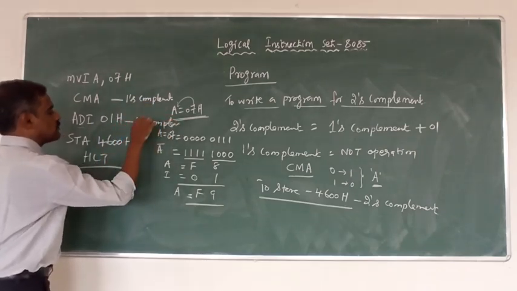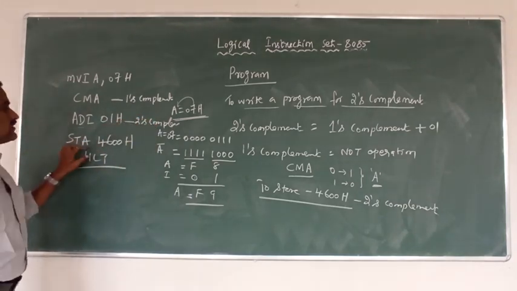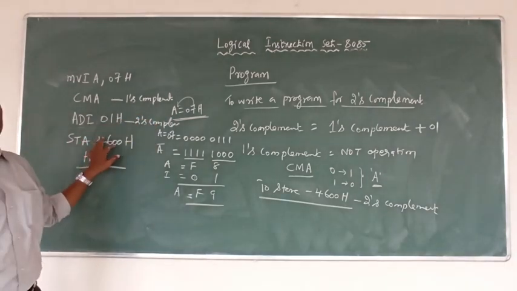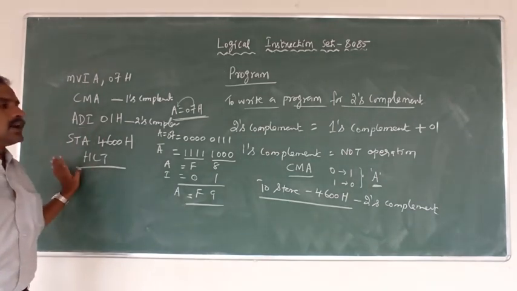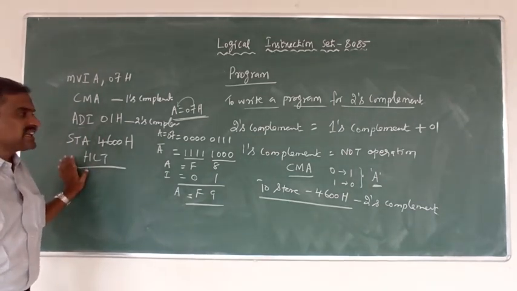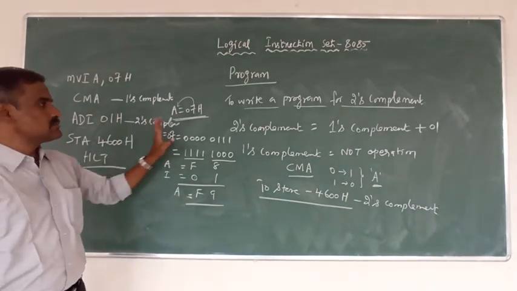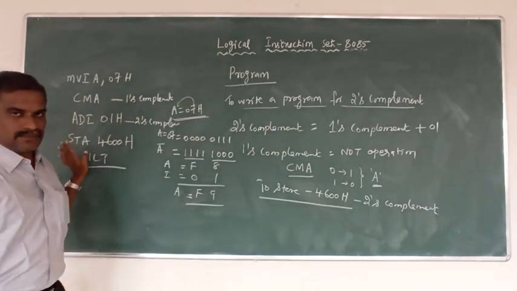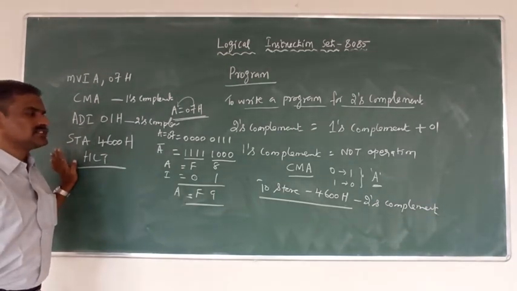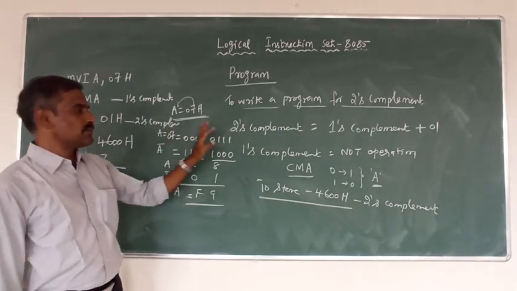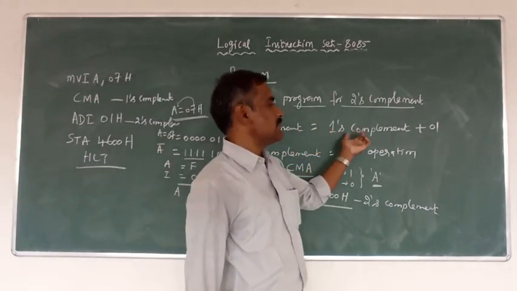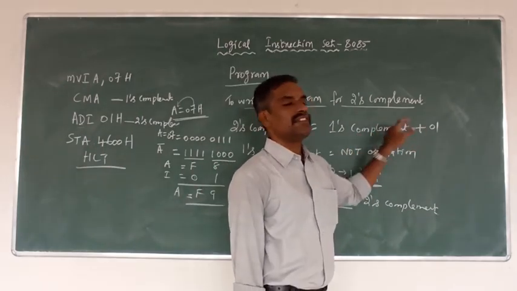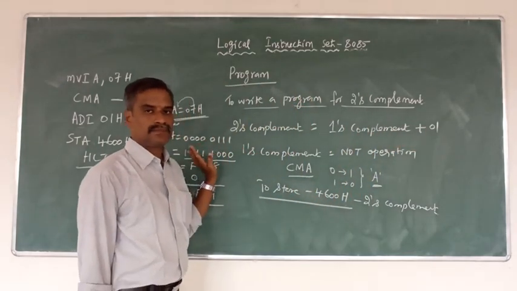Now the 2's complement result is stored at the given address location 4600H and the program halts. This is a basic program using the logic instruction set. The 2's complement is nothing but 1's complement, that result added with 0, 1. Okay, thank you.